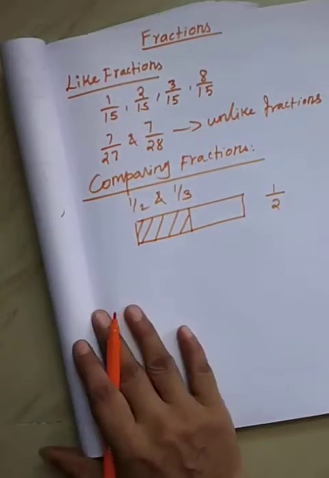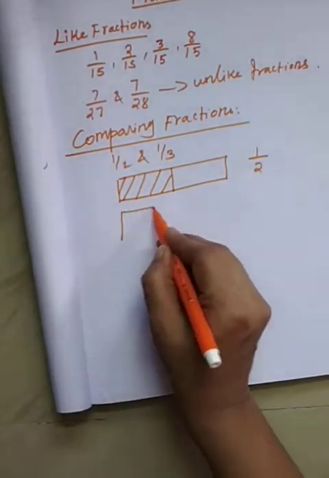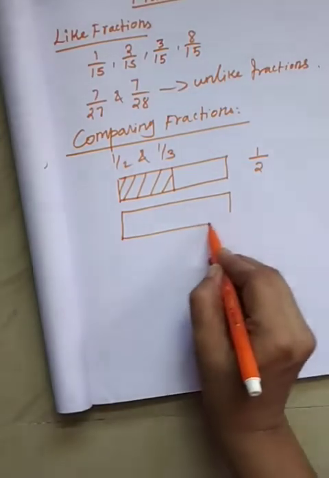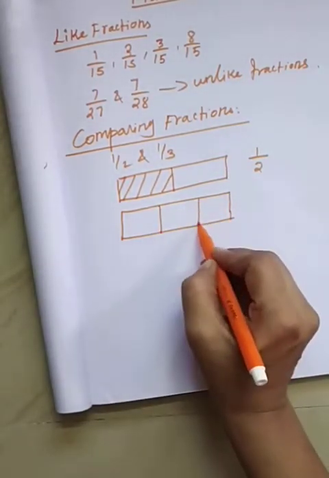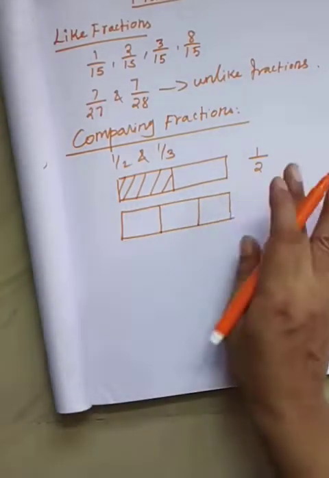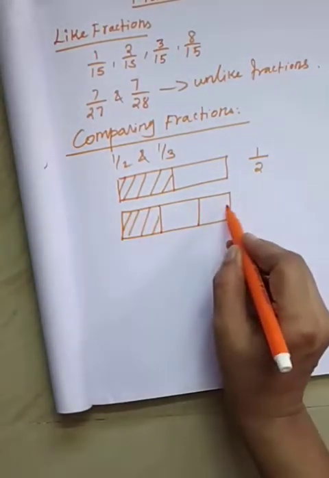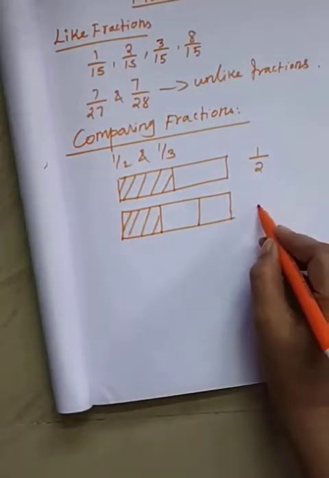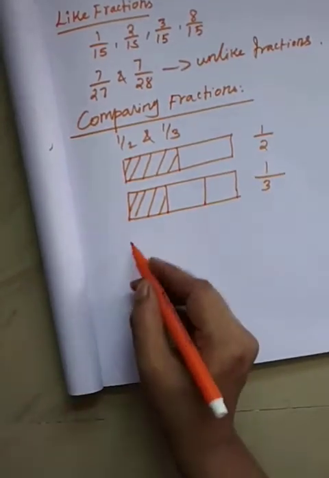So 1 by 2. See the next one. Now I have to split into 3 equal parts. Total parts 1, 2, 3. Shaded parts 1. So this is 1 by 3.